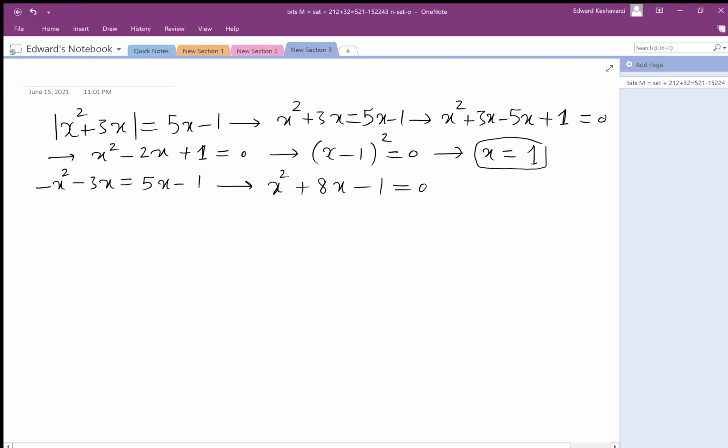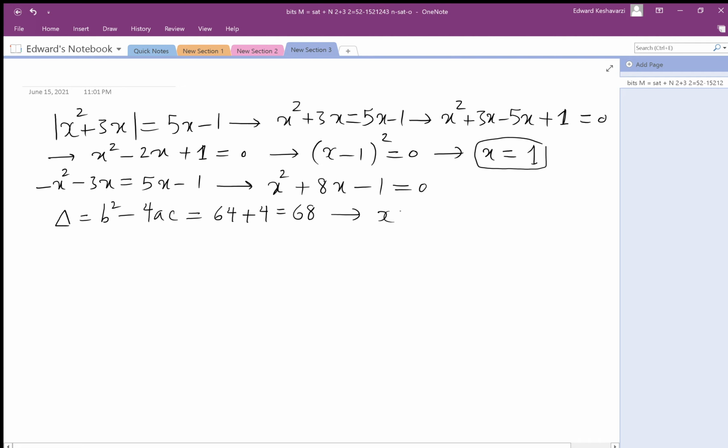This equation is not factorable, therefore I'm going to use the quadratic formula. So if you use the quadratic formula, delta would be b squared minus 4ac, which is 64 plus 4, which is 68.